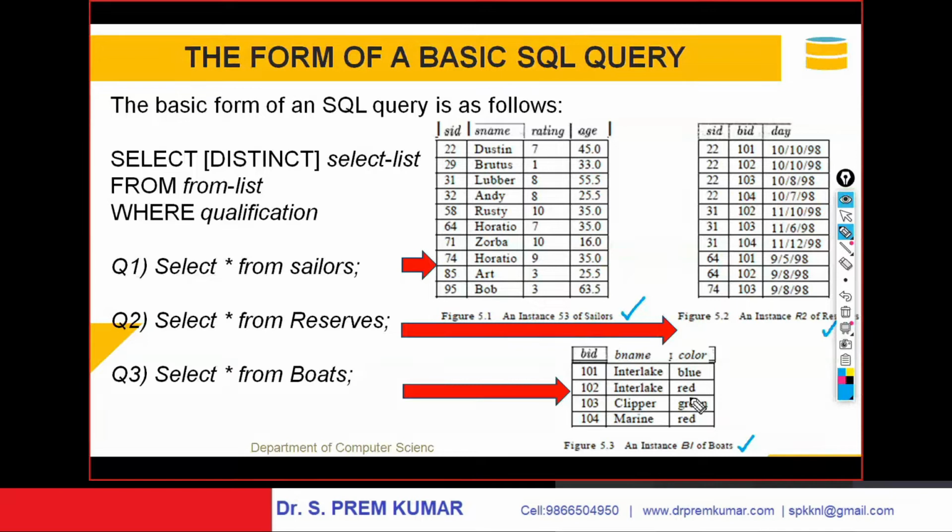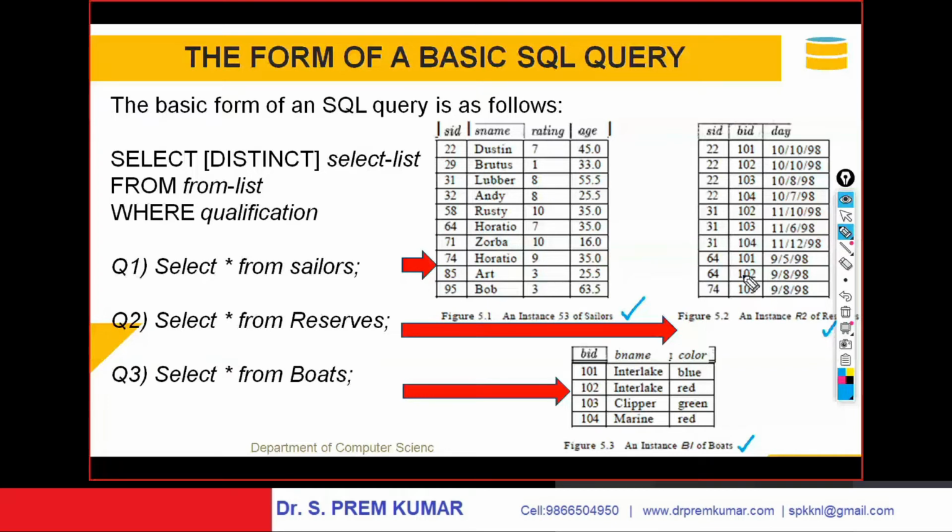Listen carefully, there are three tables available in the hard disk: the sailors table, the reserves table, and the boats table.